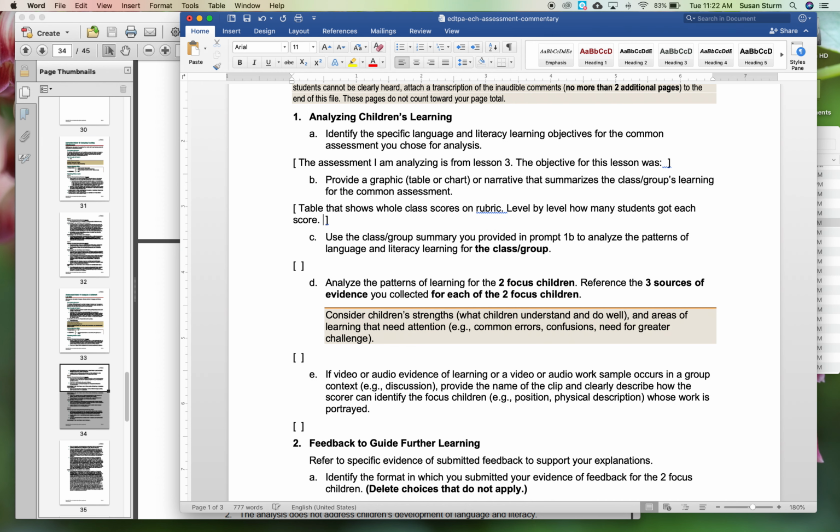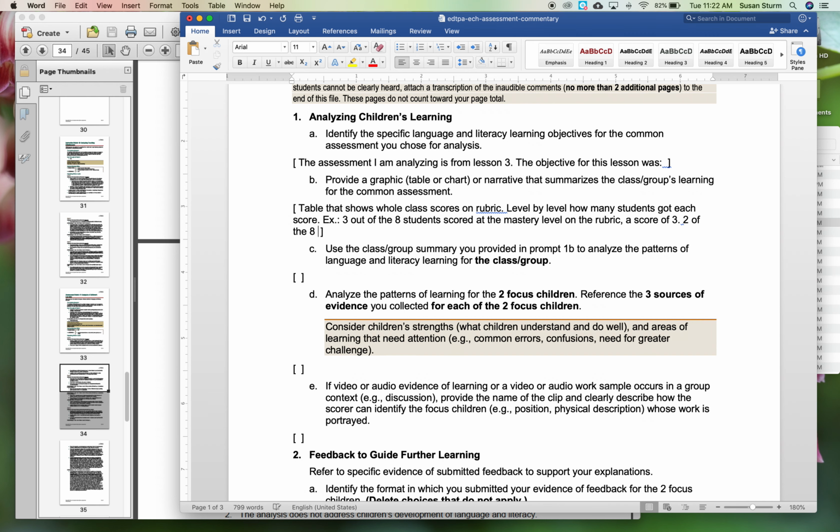So for example, that would sound like this. 3 out of the 8 students scored at the mastery level on the rubric, a score of 3, okay? 2 of the 8 students scored above mastery at a level 4 on the rubric.